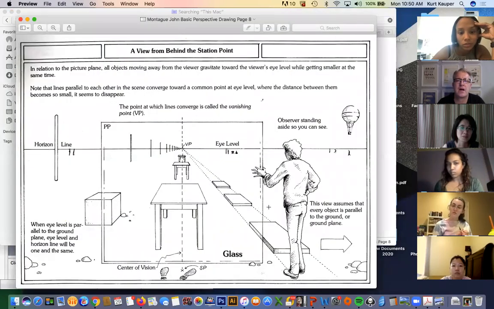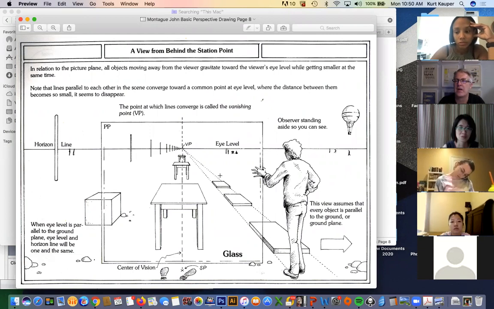What it really is, is a mathematical system that artists use to help us understand how we can represent objects as clearly diminishing in size in a way that's consistent and believable in an image, right?